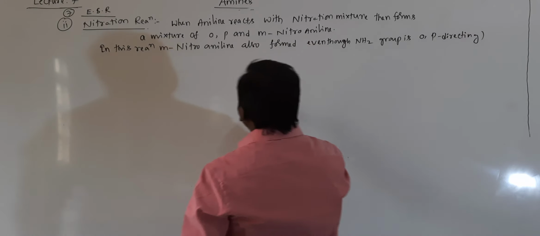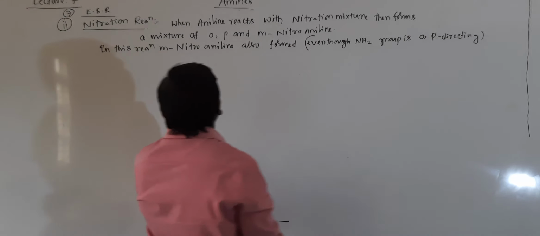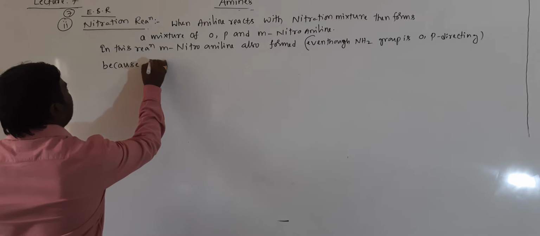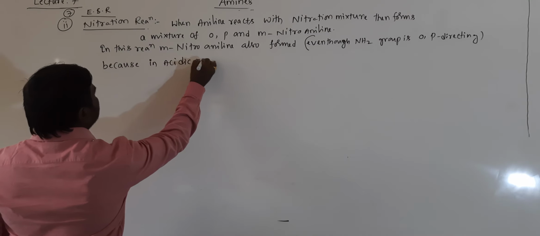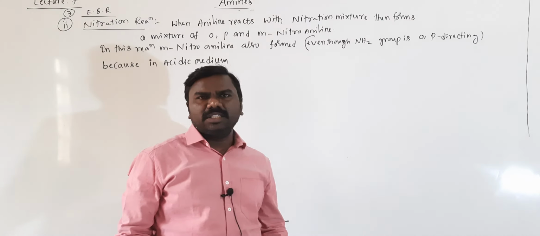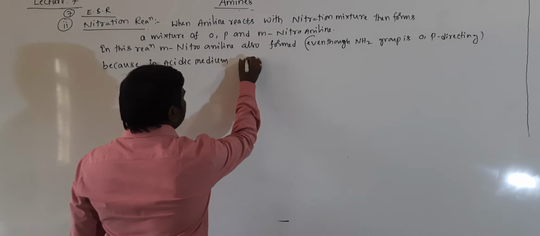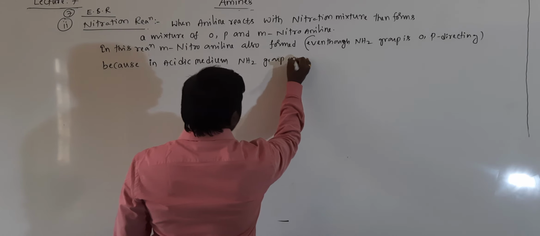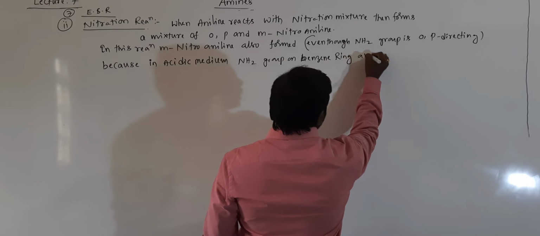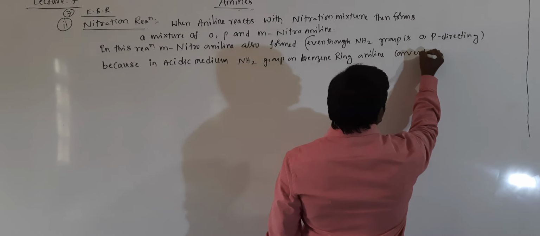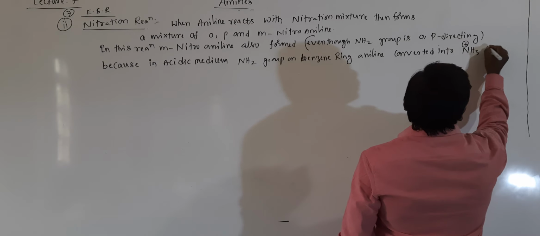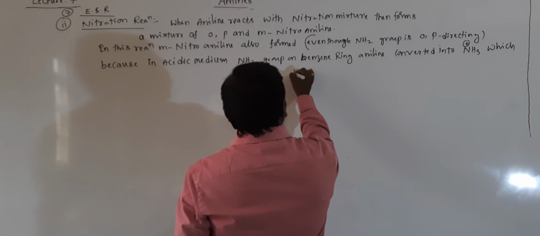Even though the NH2 group is ortho-para directing, meta-nitroaniline also formed because in acidic medium, it means nitration mixture is concentrated nitric acid and sulfuric acid, nothing but acidic medium, the NH2 group on the benzene ring in aniline is converted into NH3 plus, which is a meta-directing group.